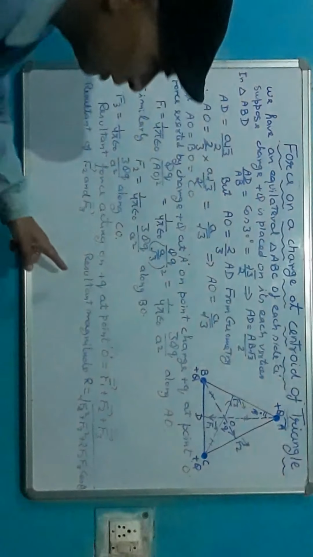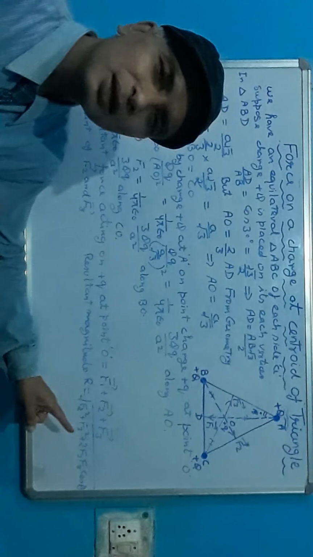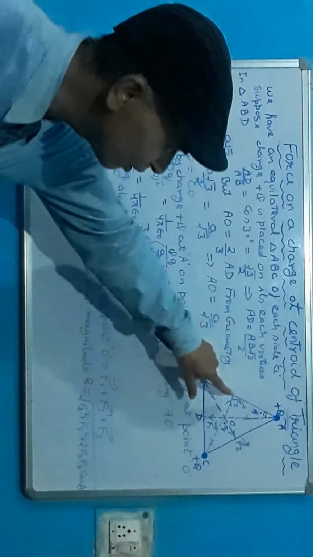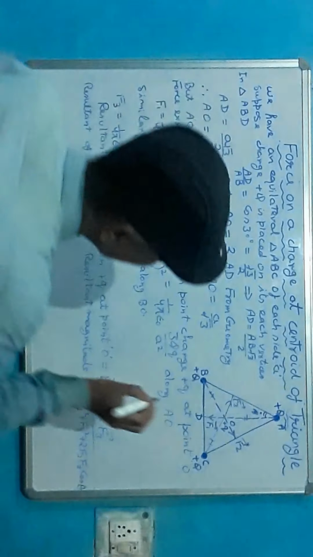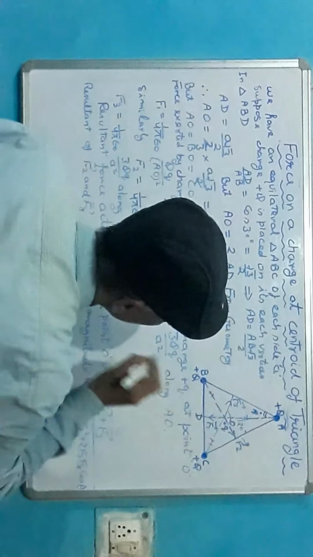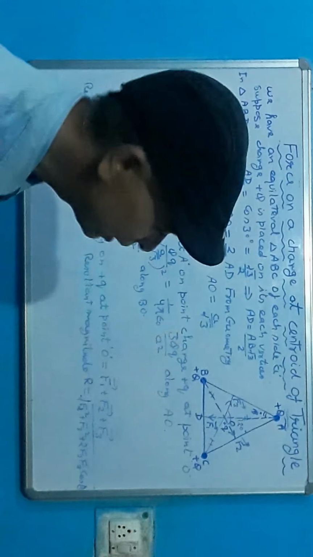Okay, so you have studied R is equal to the square root of P square plus Q square plus 2PQ cos theta. So here I have written down the resultant magnitude of the forces F2 and F3 given by this expression. Here this angle should be 120. With the help of geometry you can calculate. Okay, that will be 120.